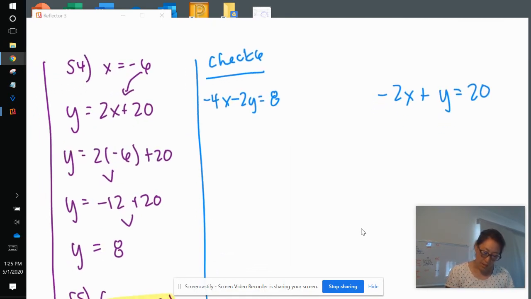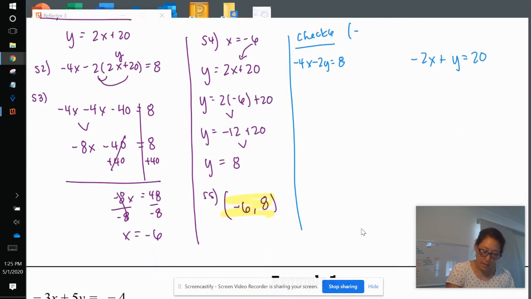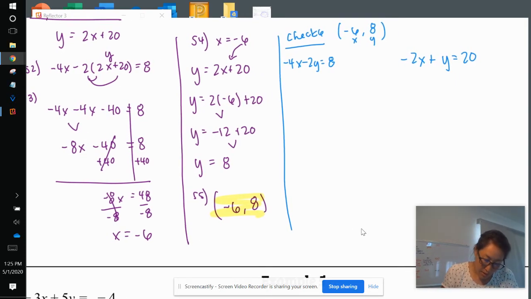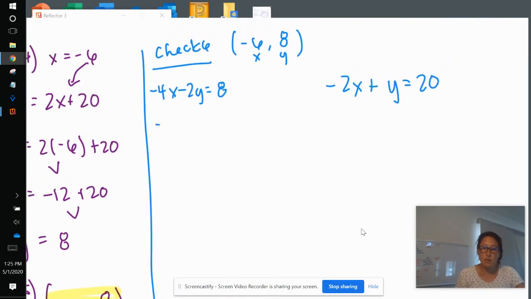All right, and I'm checking negative 6 and 8, that's x and y. All right, so I have negative 4 times negative 6 minus 2 times 8 is equal to 8.